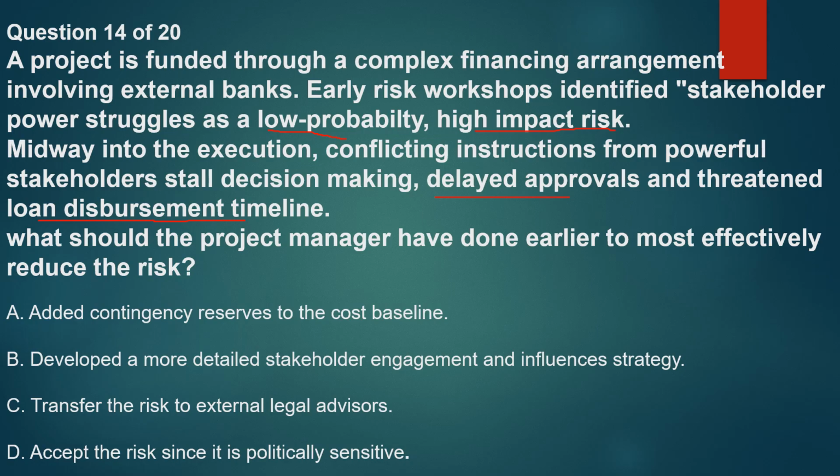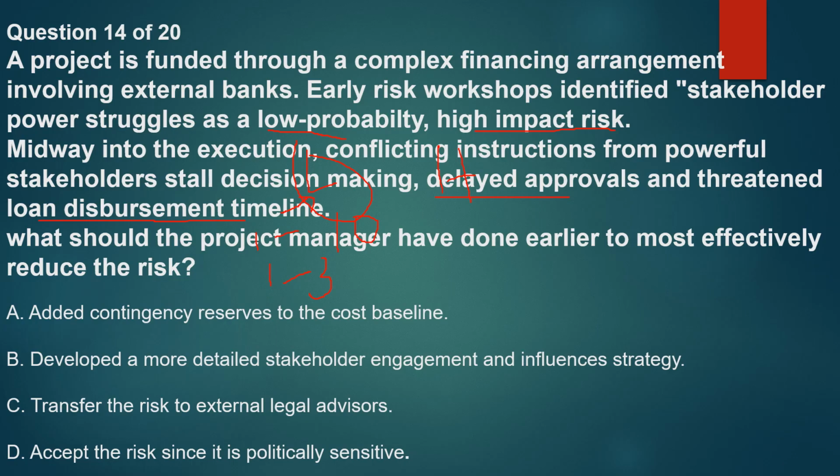Okay, low probability means that most likely it is not going to happen. The probability is very low. If we say the probability is 1 to 10, low probability means within 1 to about 3 or 4.